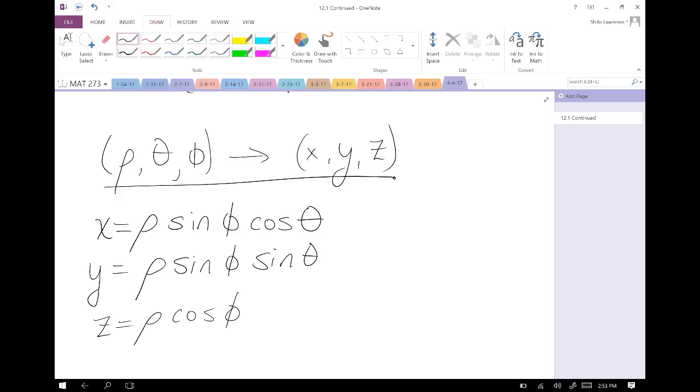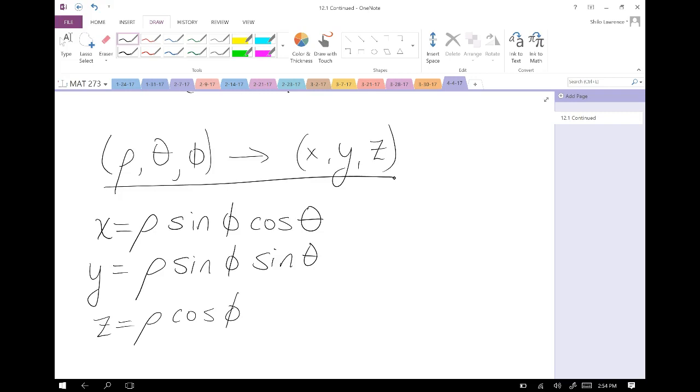So these are called spherical coordinates because anything that is spherical is going to be a lot easier to write in spherical coordinates. So think about what we talked about last week or the week before. If a variable is missing from a function, that means there's no restrictions on it. So a sphere goes all the way around the xy plane.